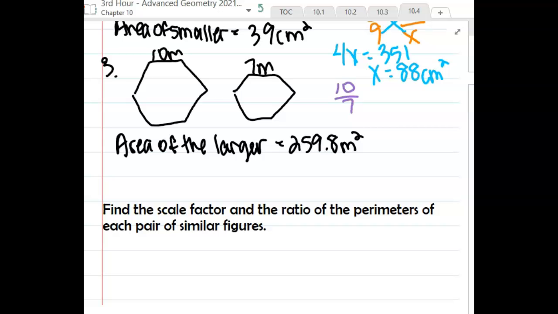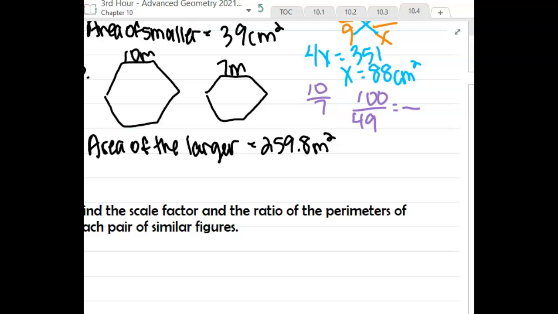So how would I find the ratio of the areas? Square them. 10 squared, 7 squared, 100 over 49. Now for this problem, since I did first to second, it's actually bigger to smaller. So on the other side of my proportion, which area do I know? I know the bigger.